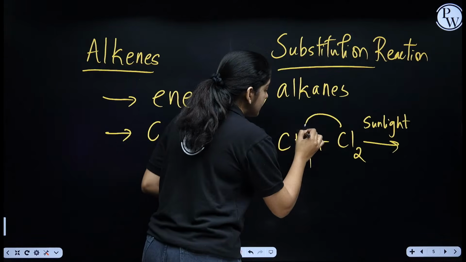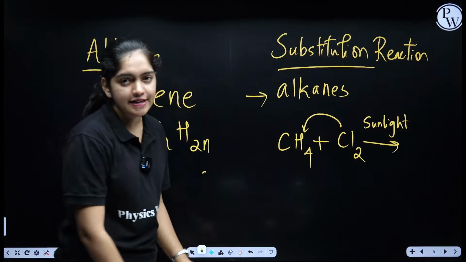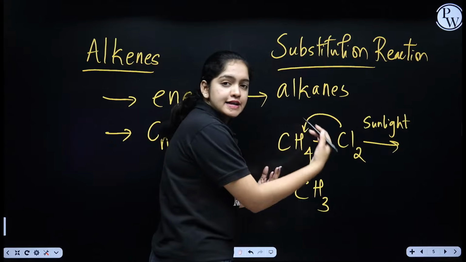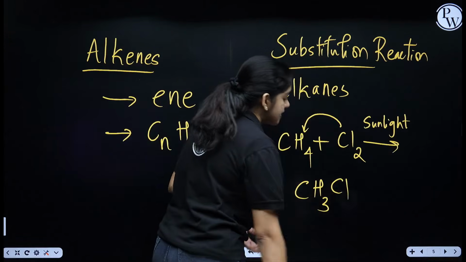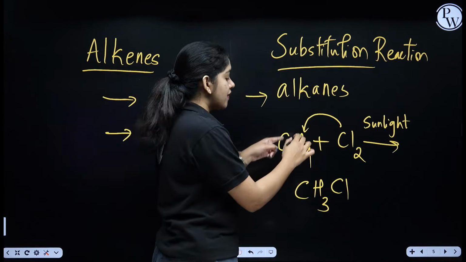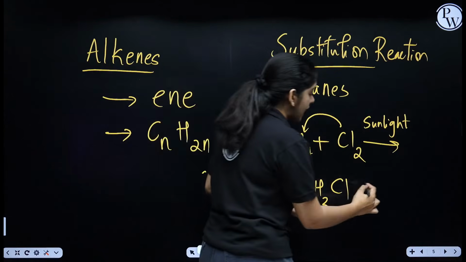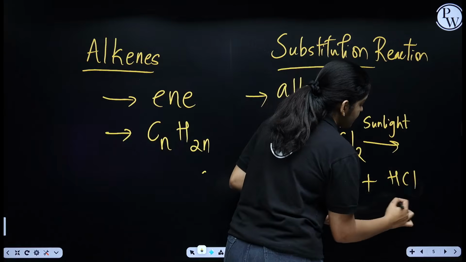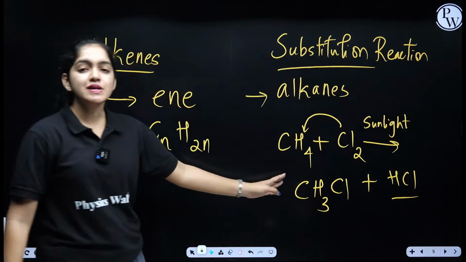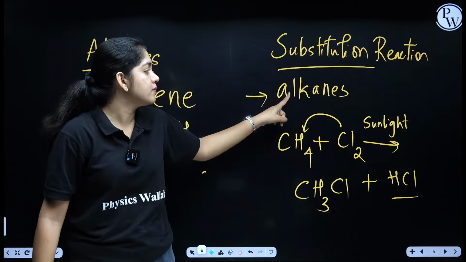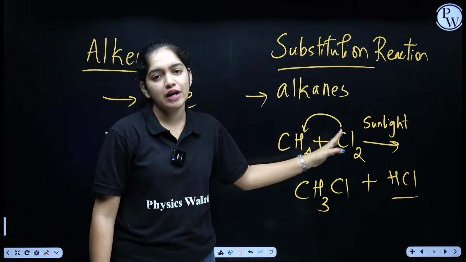One chlorine will substitute one hydrogen atom, so the product will have three hydrogens, with one hydrogen removed and Cl coming in its place. The removed hydrogen along with the other Cl will leave as HCl as a byproduct. So one atom is substituted by another atom. This kind of reaction is only undergone by alkanes or saturated compounds.